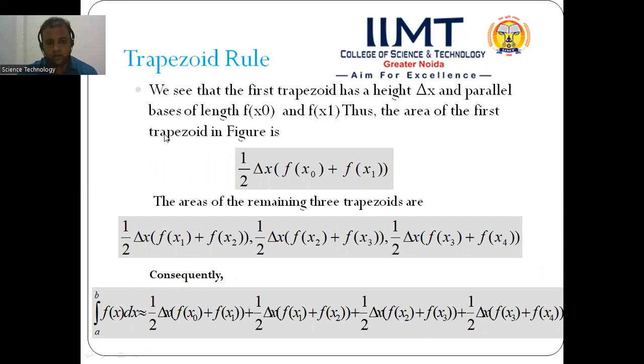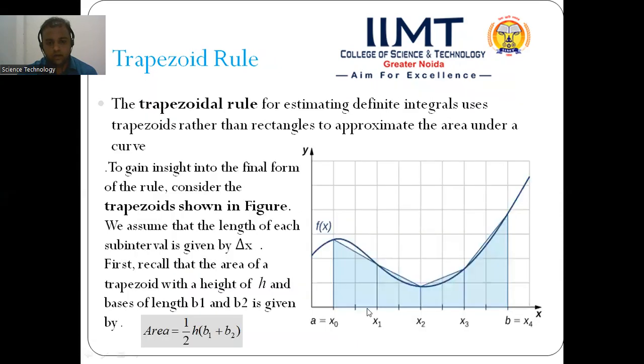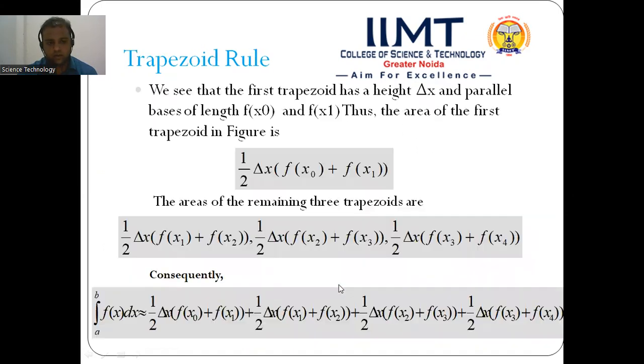Thus the area of the first trapezoid is half delta x times (f(x0) plus f(x1)). The areas of the remaining three trapezoids are produced similarly: half delta x times (f(x1) plus f(x2)), and similarly half delta x times (f(x2) plus f(x3)).